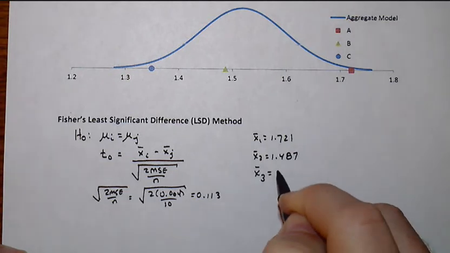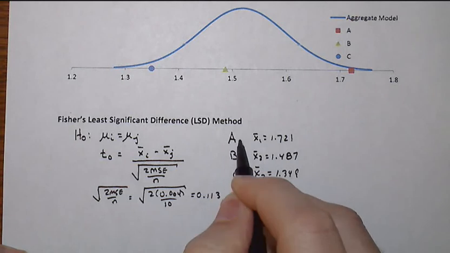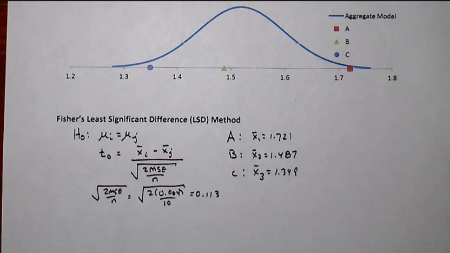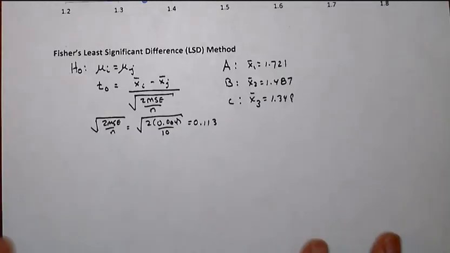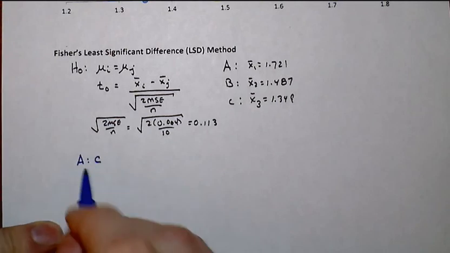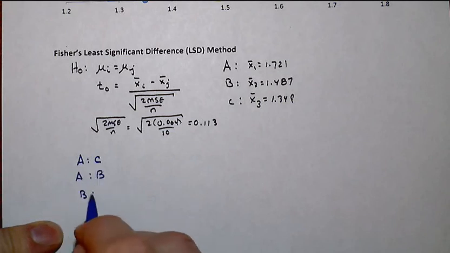Let's rewrite those as A, B, and C. Okay, and so let's set up some comparisons here: A compared to C, A compared to B, and B compared to C.